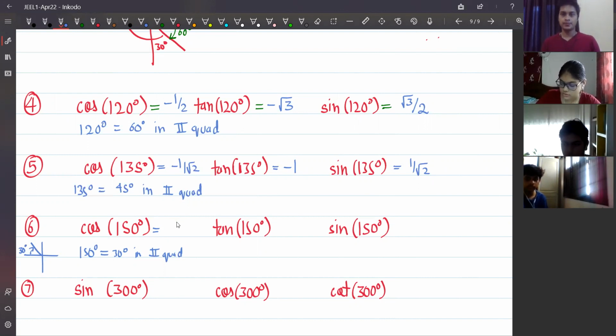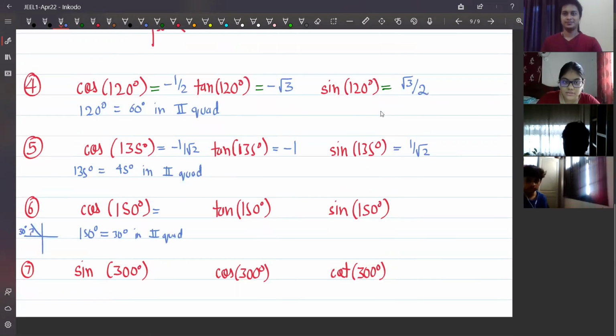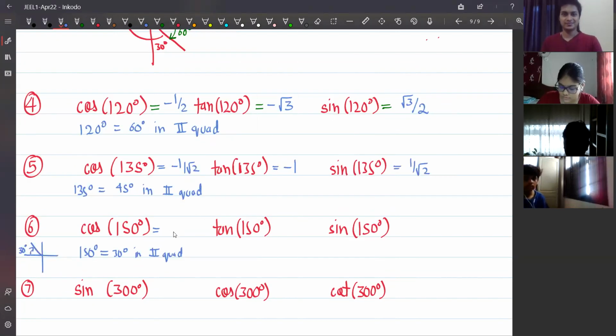No, cos 30 is root 3 by 2. So yeah, cos 150 will be minus root 3 by 2.